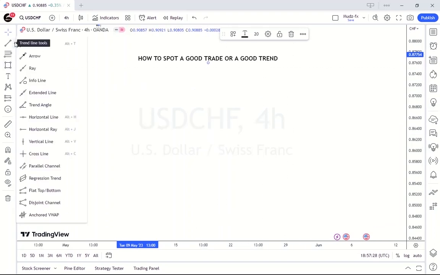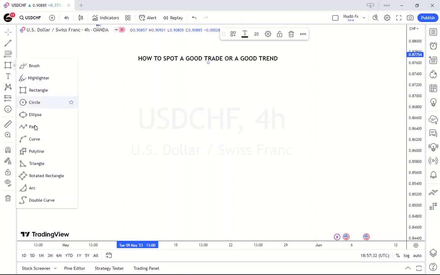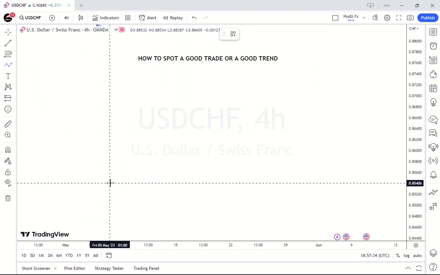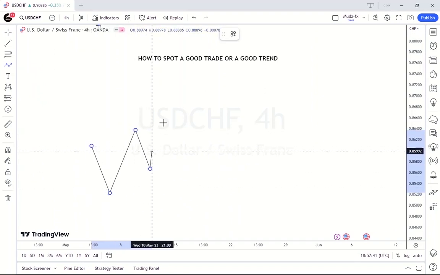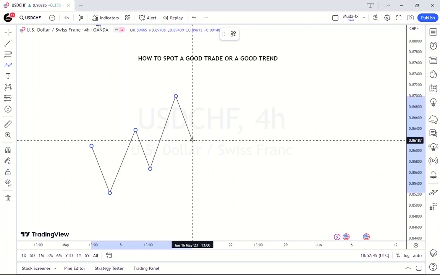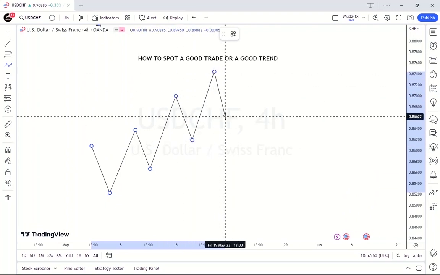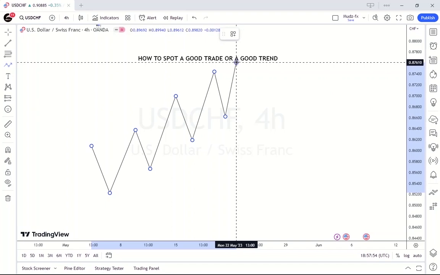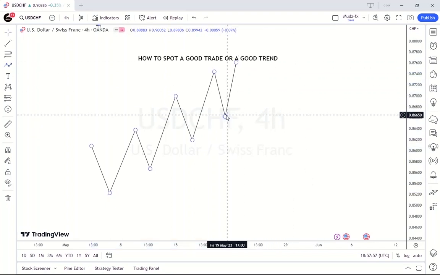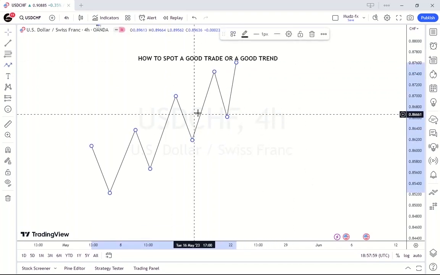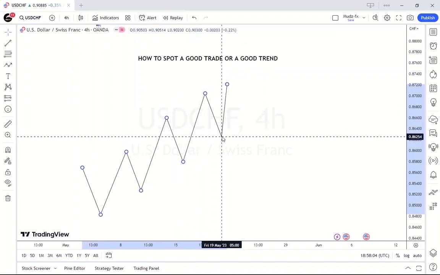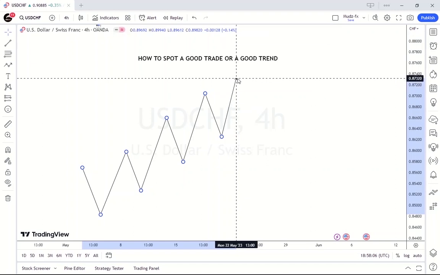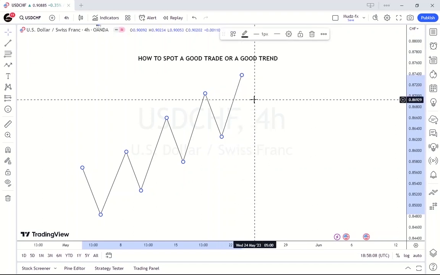So our uptrend goes like this. As we all know, guys, the forex market doesn't move in a straight line.